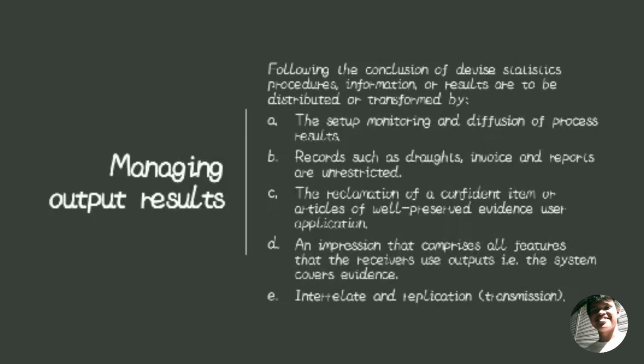Third one is the reclamation of confidential items or articles of well-preserved evidence, user application. An impression that comprises all features that the receiver uses, output the system covers evidence. The last one is the enter rate and replication transmission.